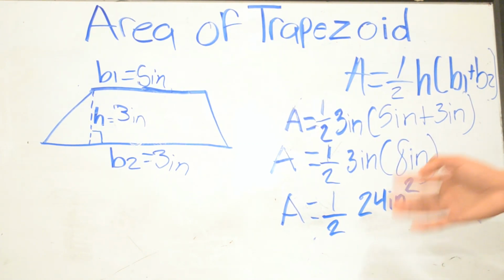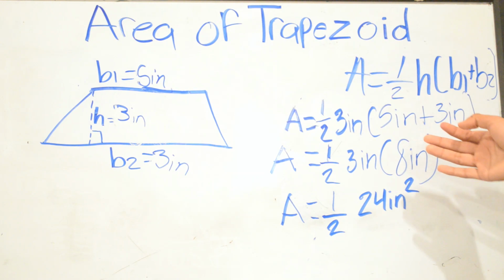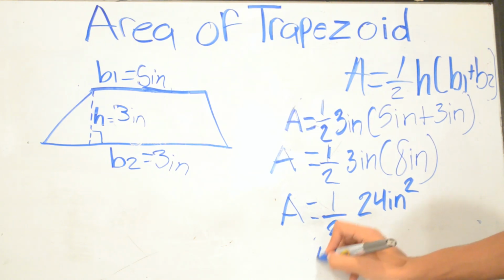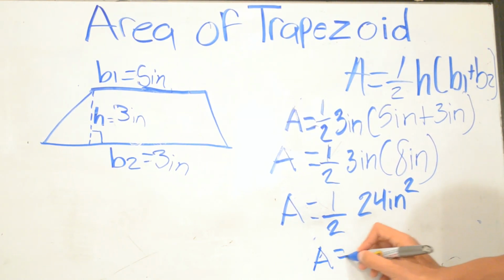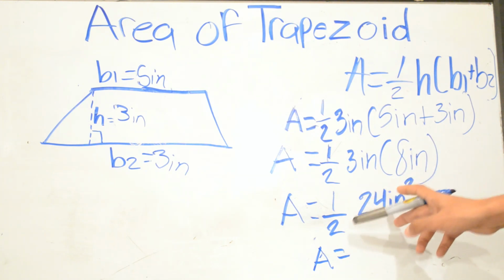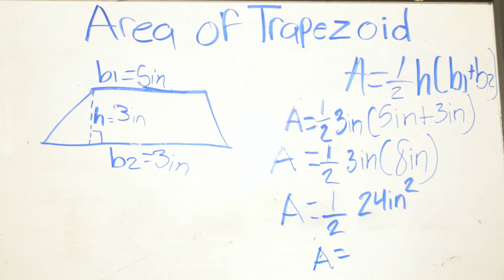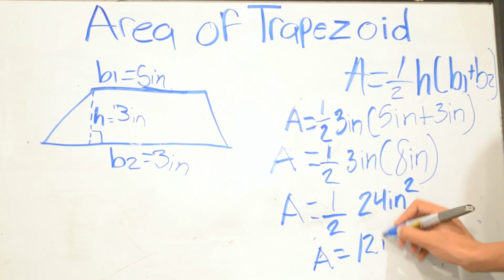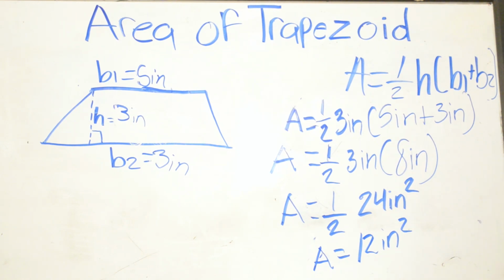The reason why it's 24 inches squared is because 8 times 3 gives us 24 inches. Now to find our final answer, we have to divide 24 by 2. So 24 divided by 2 equals 12. 12 inches squared is our final answer.